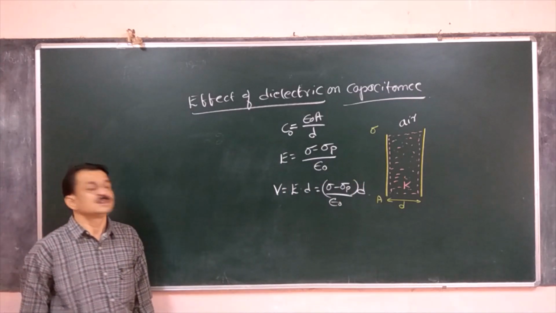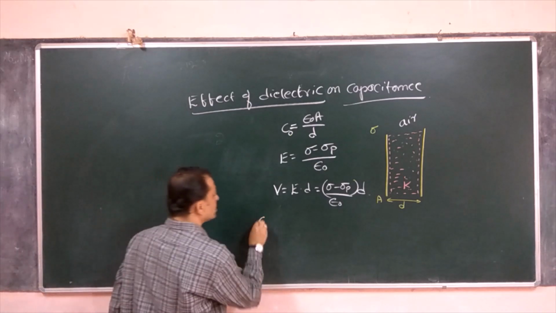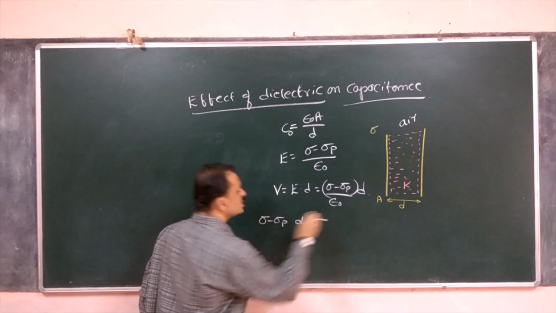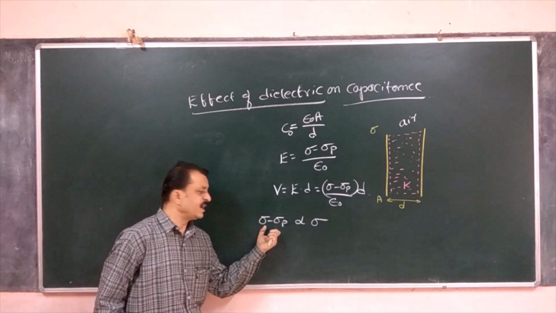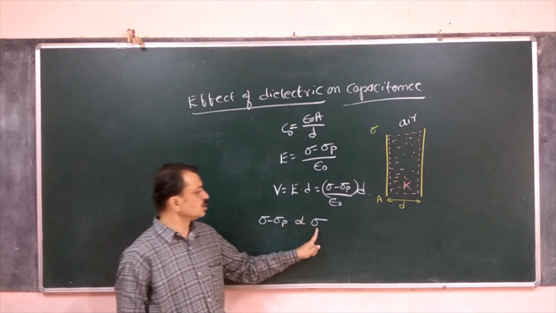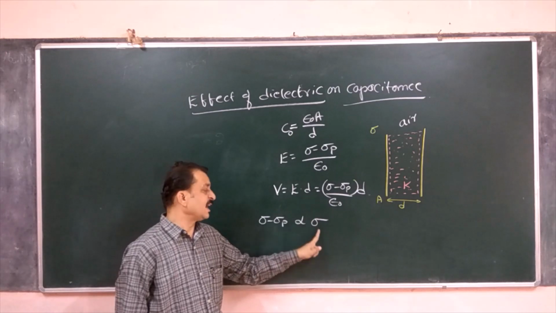For a linear isotropic dielectric, we can assume that sigma minus sigma p is proportional to sigma. Now this is the net surface charge density, that is proportional to the charge density in the absence of dielectric.